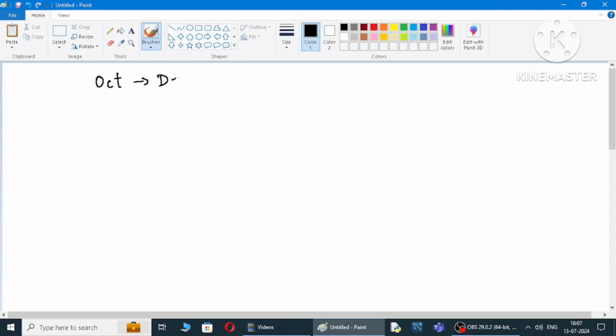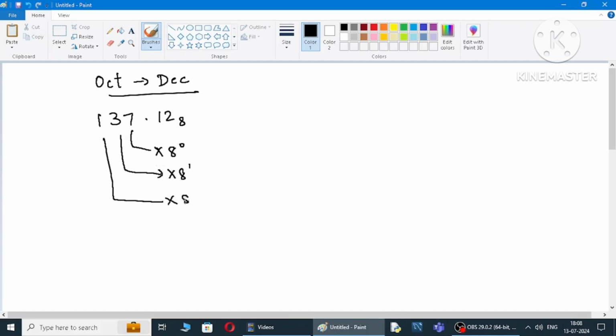Octal to decimal conversion. So in this case, say for example, you have a number 137.12 to the base 8. So consider each number: first digit into 8 power 0, next digit into 8 power 1, next digit into 8 power 2. So what happens? 8 power 0 is 1, any number to the power of 0 is 1.